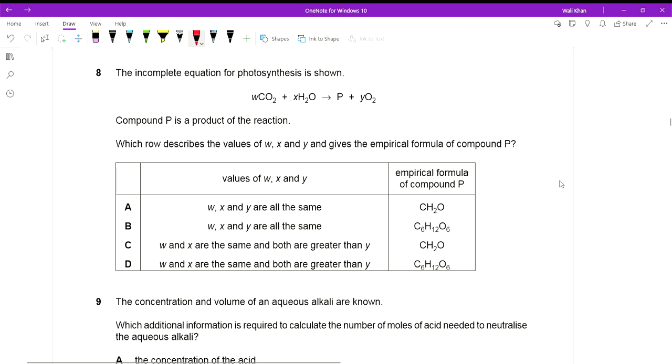The incomplete equation for photosynthesis is shown. W CO2 plus X water, P plus Y oxygen. So in this equation we have to find out P, and here we have to balance the equation. Compound P is a product of the reaction.